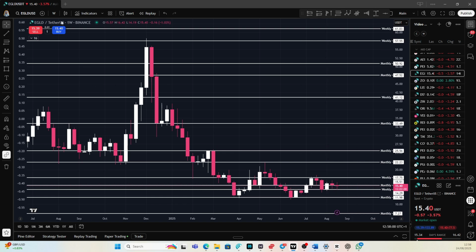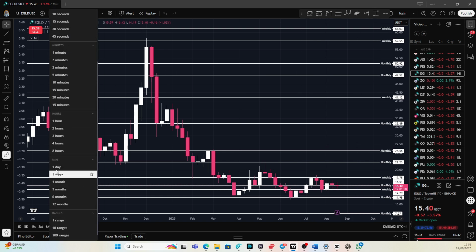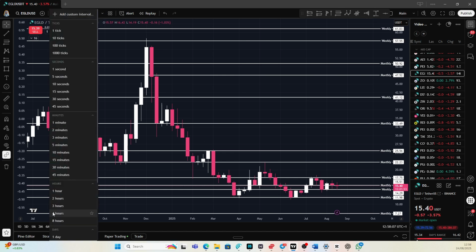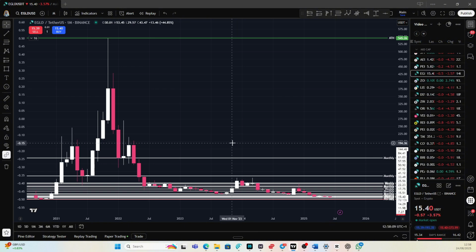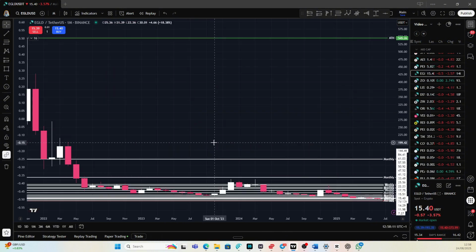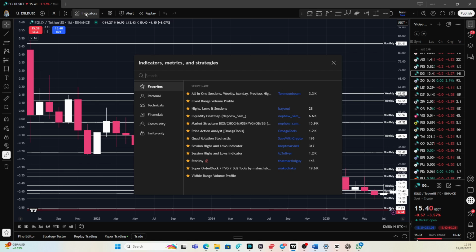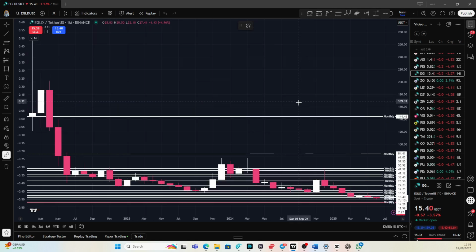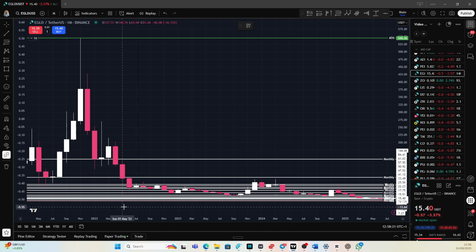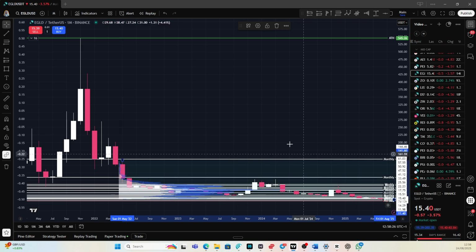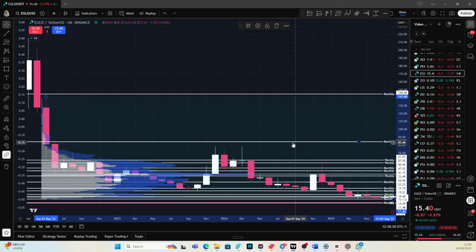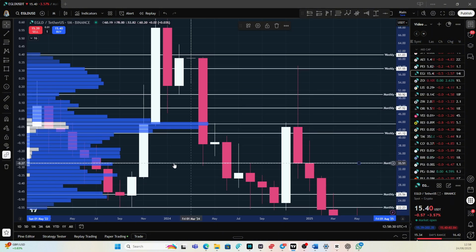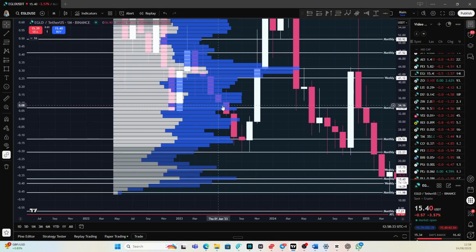We're currently sat on that monthly level. So actually if we go on the monthly, we can have a look at where the volume sits on this. So if we get our fixed range across from here all the way, so where can we see volume?